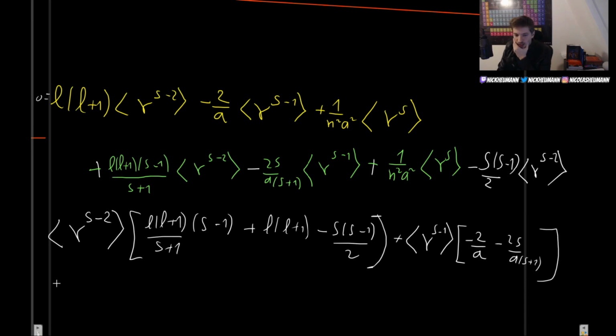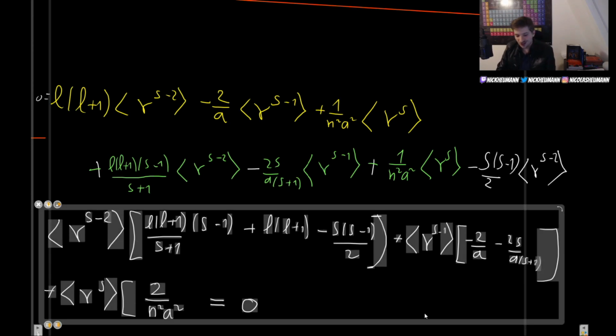And finally, we have the expectation values of R to the S. And there we have actually 2 times, right? We have 2 times n squared over a squared, right? We have 1 here, 1 here. I'm not hallucinating, am I? No, I don't think. Okay. And this is equal to 0.